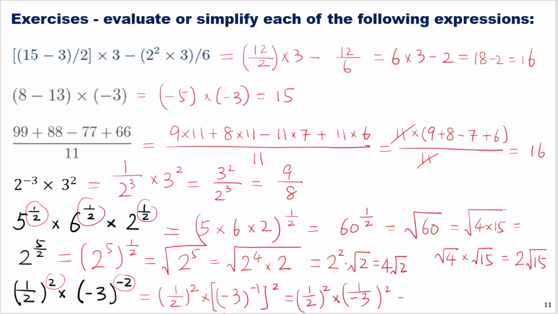Then to the power of 2, so this gives us 1 over 2 times negative 1/3 together to the power of 2, and of course this gives us 1 over 36, right? Can you follow me?